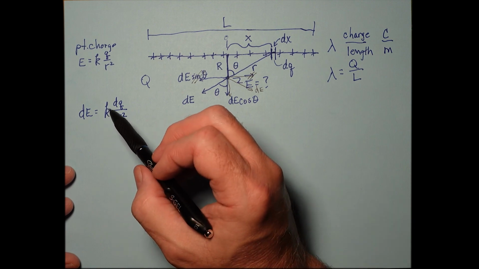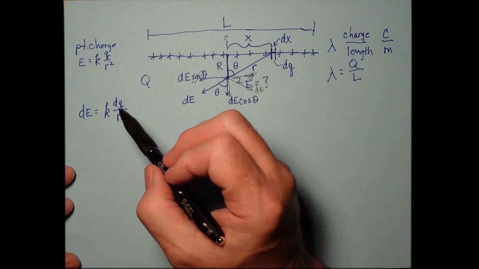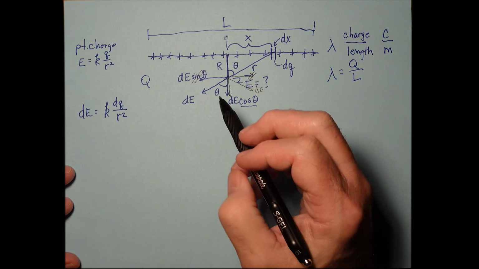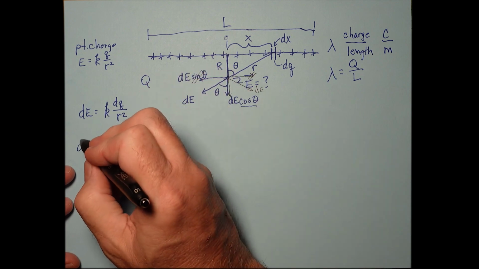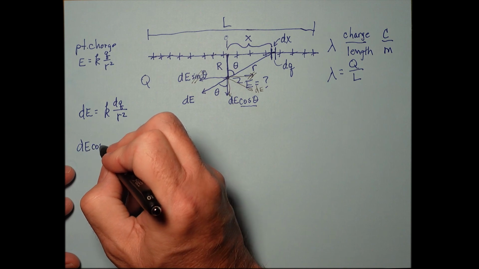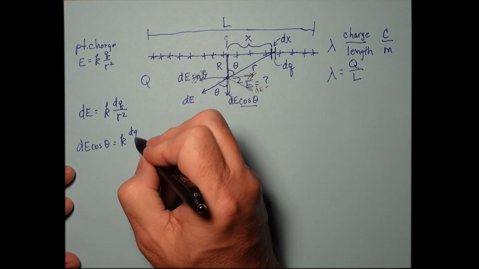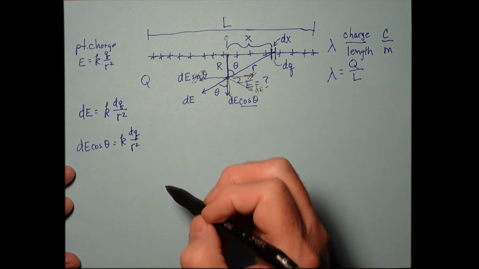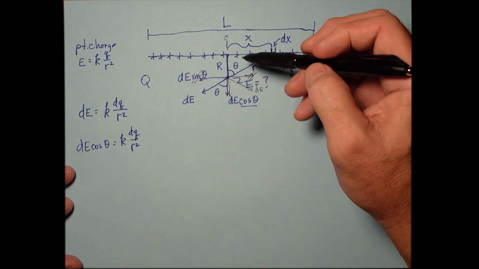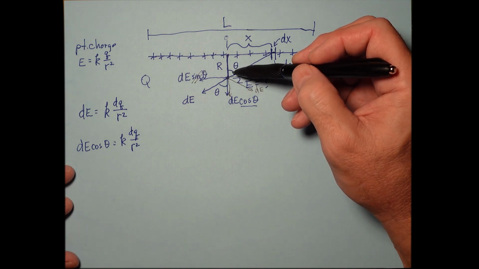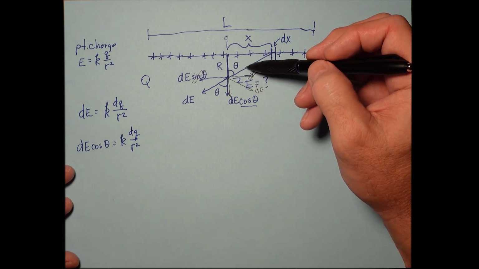So that's the dE, but we need just the cosine portion of that. To get dE cosine theta, it's going to be k dq over r squared times the cosine of theta. And if you think about what the cosine is, it's adjacent over hypotenuse.